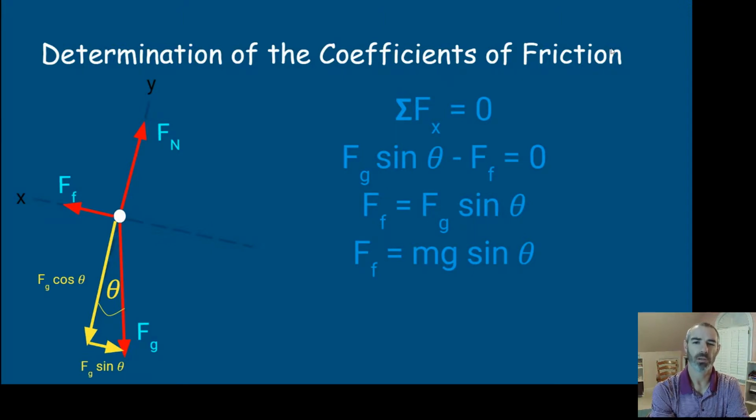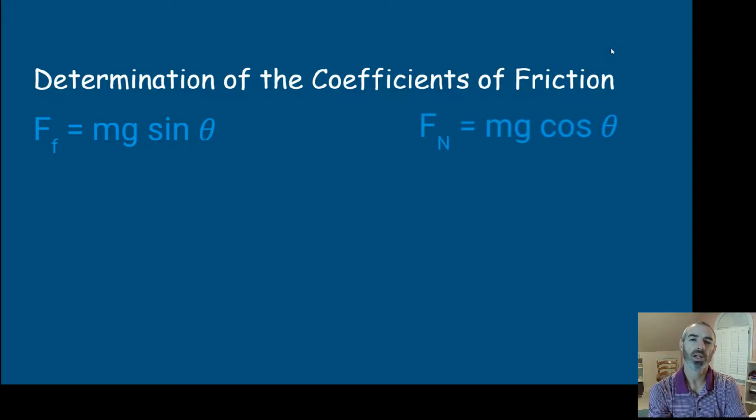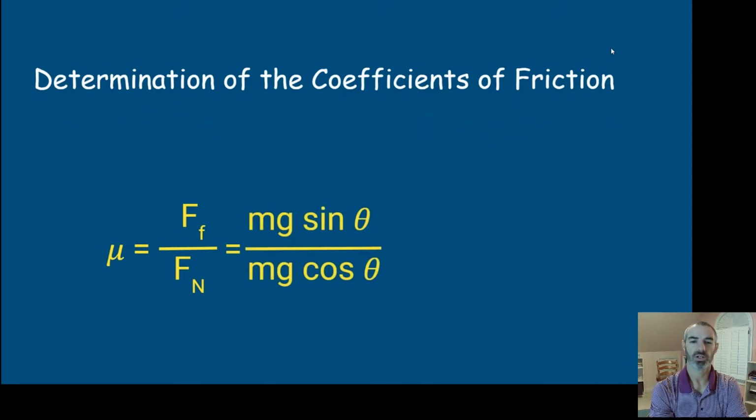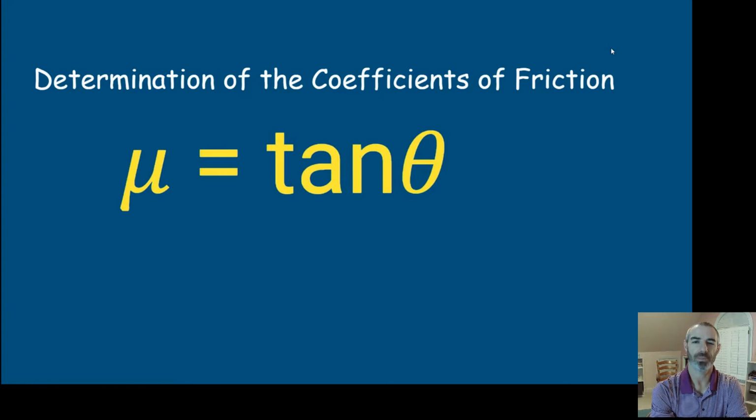So if we're going to determine the coefficient of friction, it's the friction force divided by the normal force, which is mg sine theta divided by mg cosine theta. The mg cancels out. Sine over cosine is what we have left, and sine theta divided by cosine theta is tangent of theta, which means mu is equal to tangent of theta.